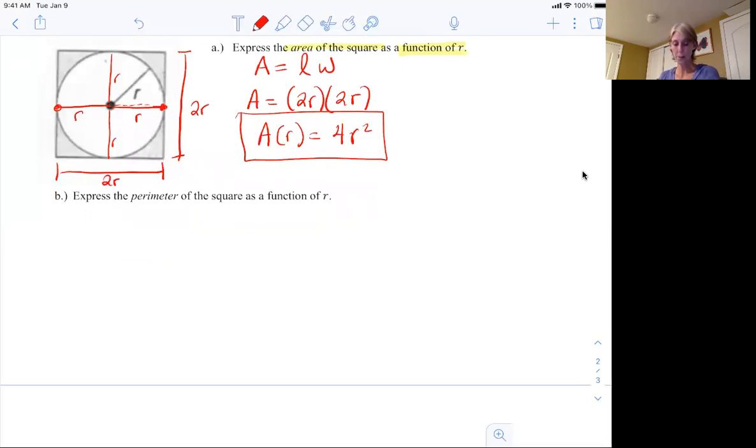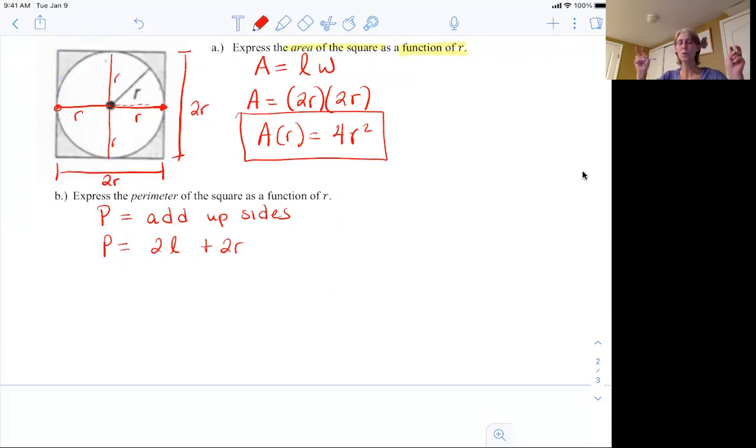Express the perimeter of the square as a function of r. Whenever I'm dealing with perimeter, I think add up the sides. Isn't that what your teachers told you when you were learning perimeter way back when? We know it's going to be 2L plus 2W, with length, length, width, width.